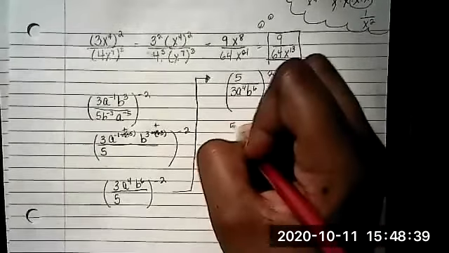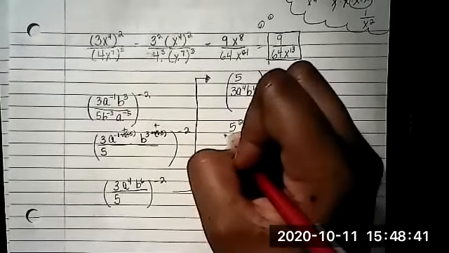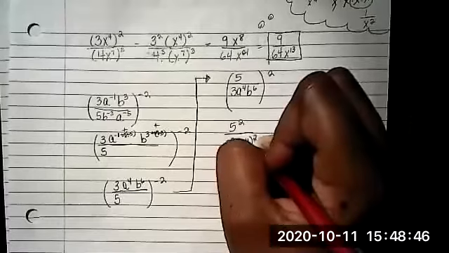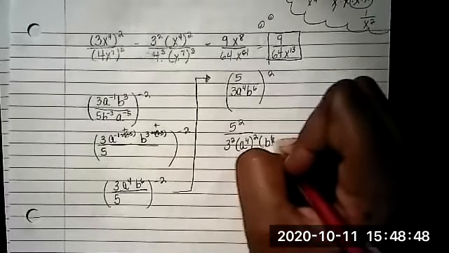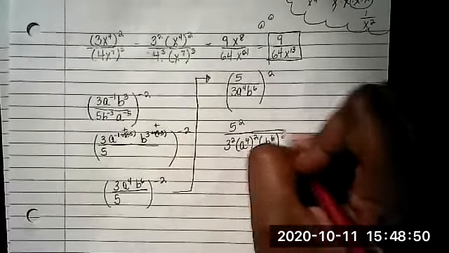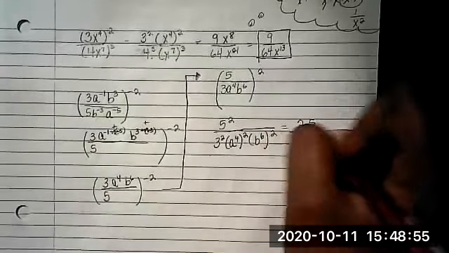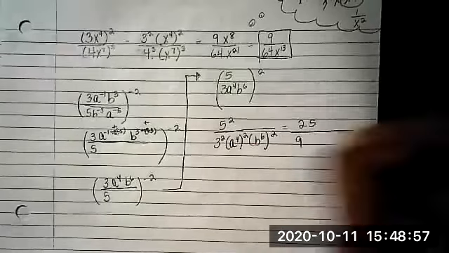Now I can distribute: 5 squared over 3 squared times a to the 4th squared times b to the 6th squared. Everything has to get a squared. 5 squared is 25. 3 squared is 9.